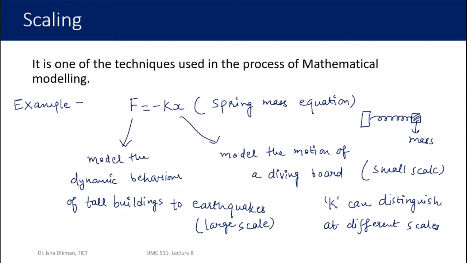However, the main idea of this example is that one single equation can be used in a small scale model as well as in a large scale model. Obviously, the parameters can have different values at different scales, but the same mathematical model can play its role whether the model is at a small scale or a large scale.